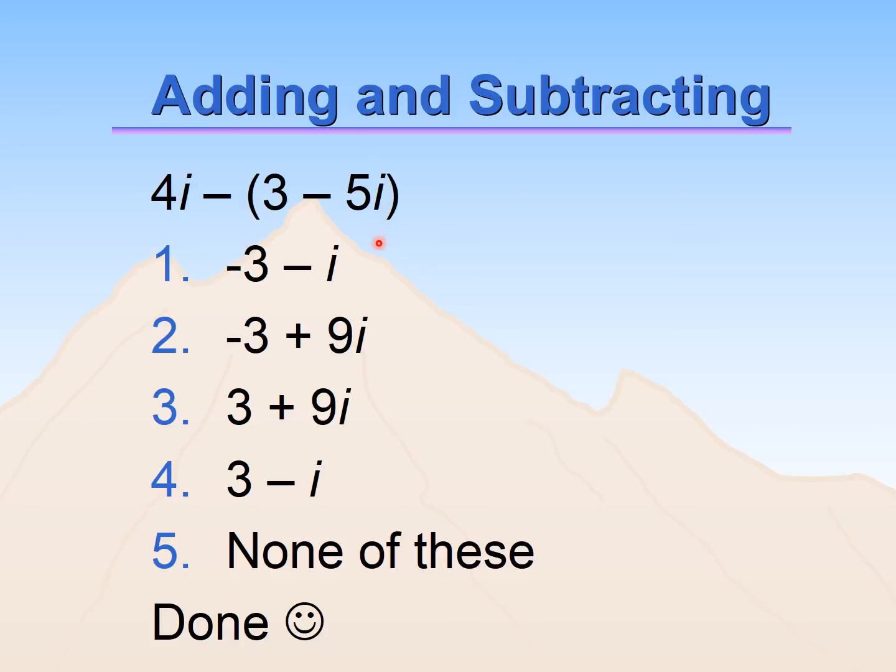So now we're looking for a 9i, which means that we either have option 2 or option 3. Both of those have a 9i. So let's see. Then we have minus 3. So we have a negative 3, which means that our correct answer is option number 2. All right, go ahead and try some problems on your own.